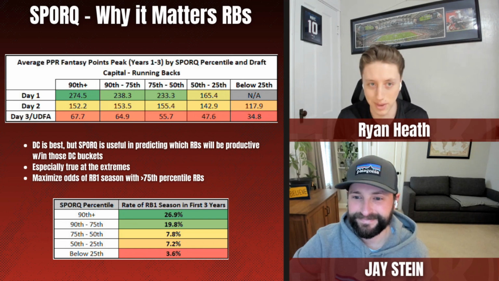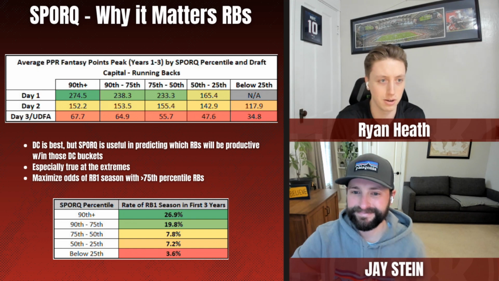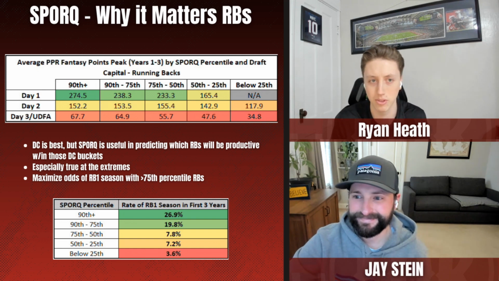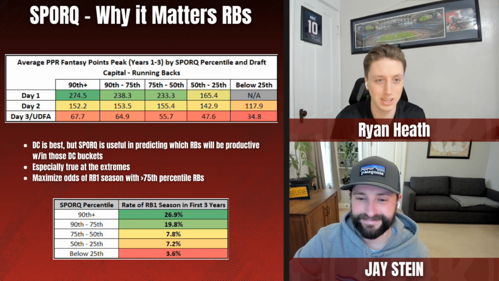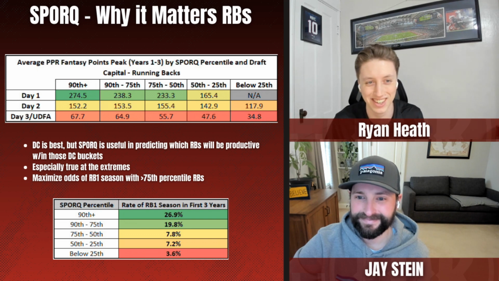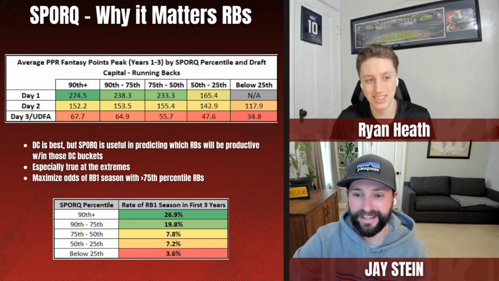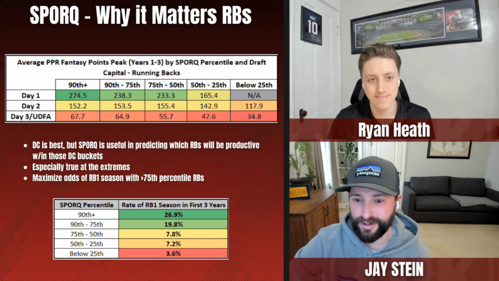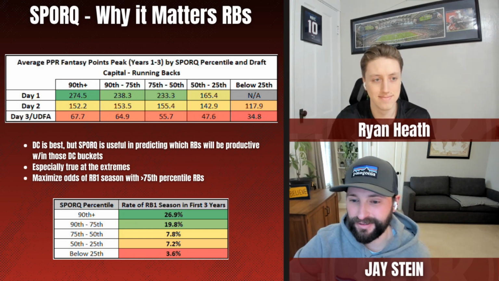We can definitely make guesses about players' draft capital, and do a decent job with consensus mock drafts, but keep in mind we don't know all that much yet. Yeah, I agree. And this bottom chart is the rate of RB1 seasons in the first 3 years.